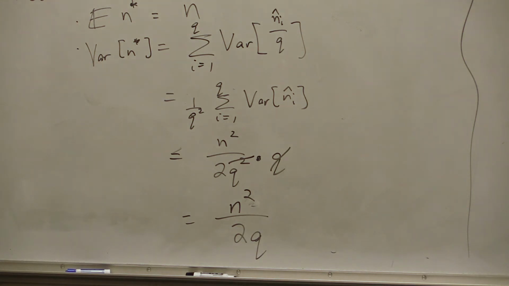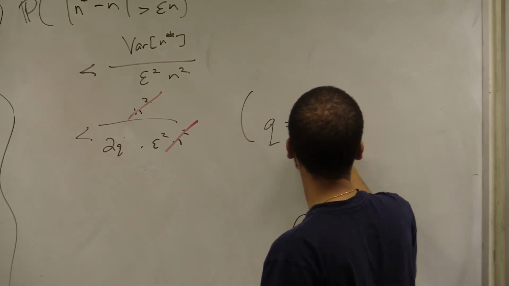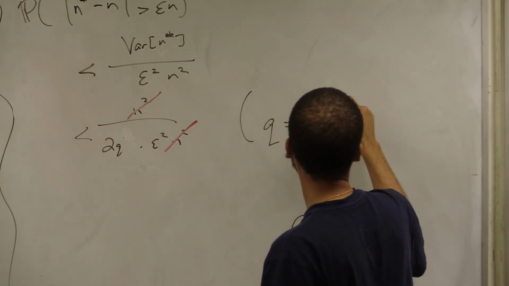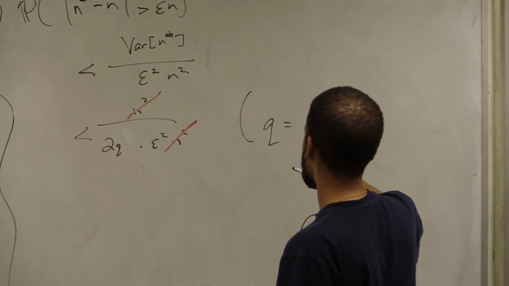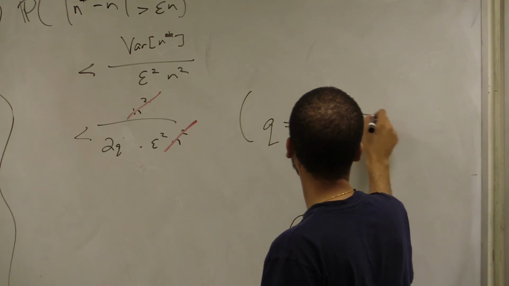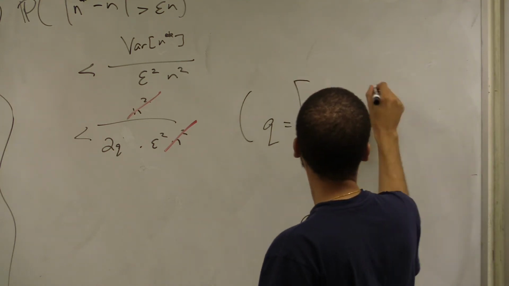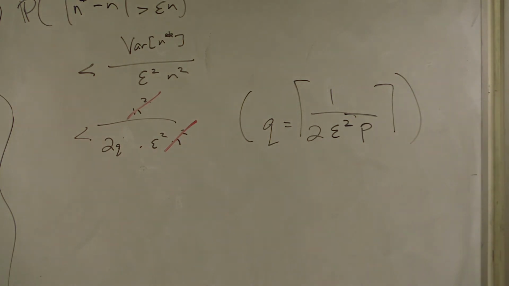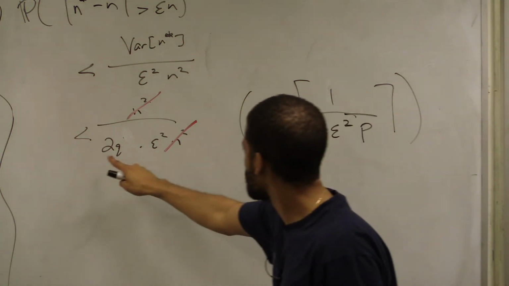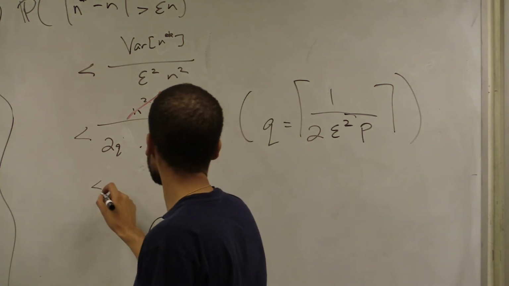And then what I do is I can set q to be equal to, let's say, 1 over 2 epsilon squared p, ceiling. I'll just set q to be that. Then the 2 cancels, the epsilon squared cancels, and then this is basically less than or equal to p.